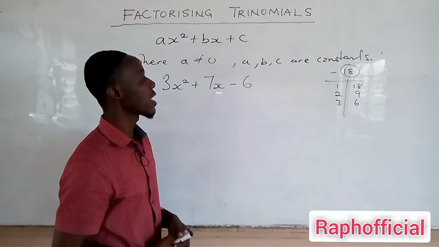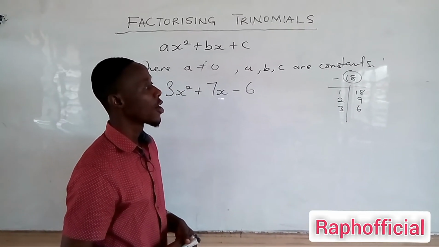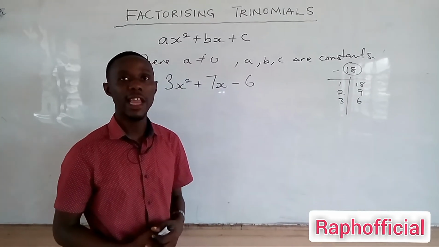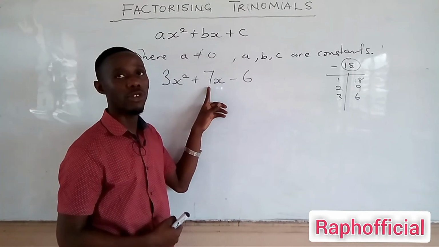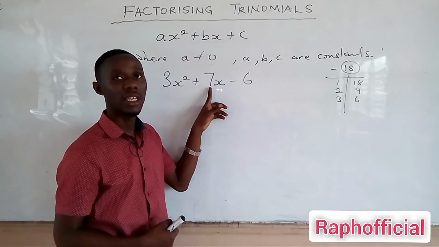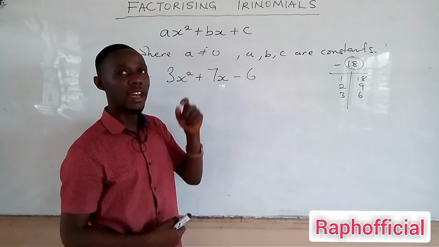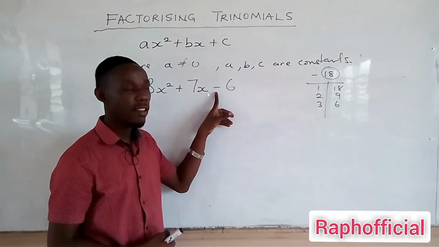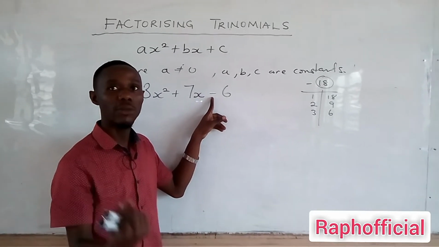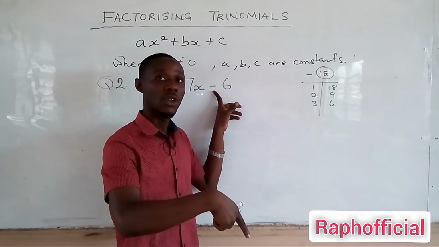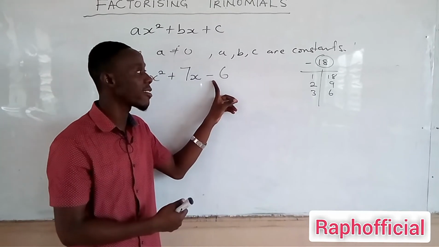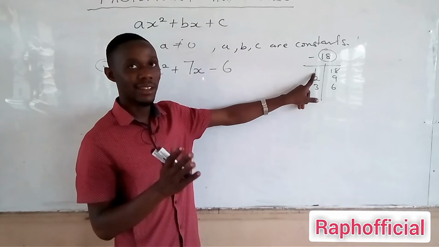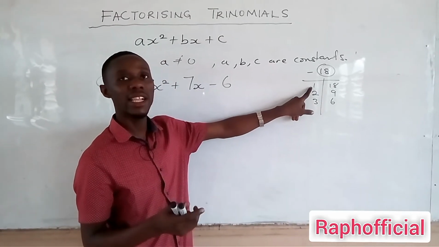Now, the question is, we want two factors that when we add or subtract, we get 7. And the clue is that since we have a negative here, one of them will be negative. But which one is negative? Let's test and see. 18 minus 1 is 17, and the other way, negative 17.